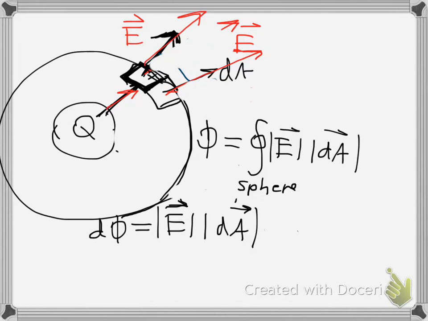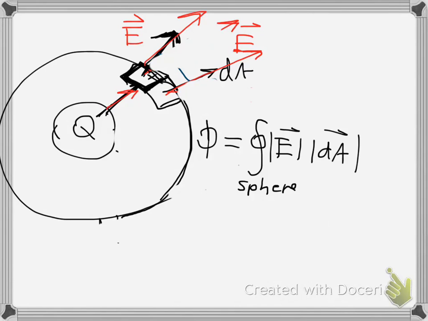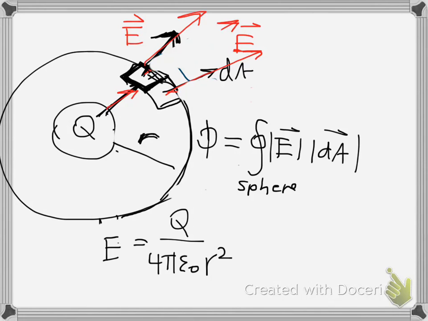Now what we're going to do is factor out the E. Since this sphere has a fixed radius, r, the electric field at any one of these points is at the same radius, so since r is constant, the electric field is also a constant, which equals q divided by 4 pi epsilon 0 times the radius of the sphere squared.